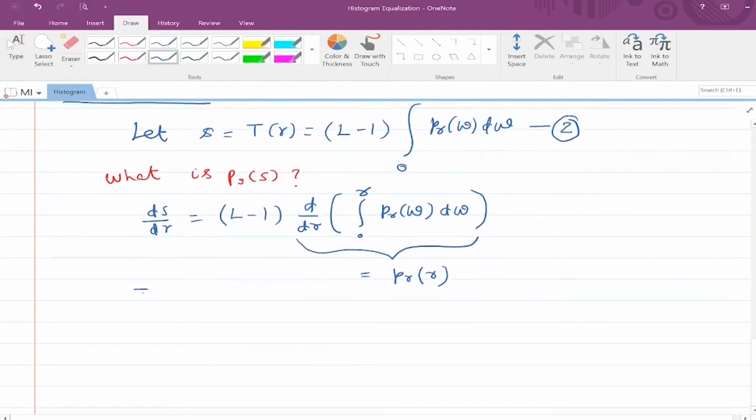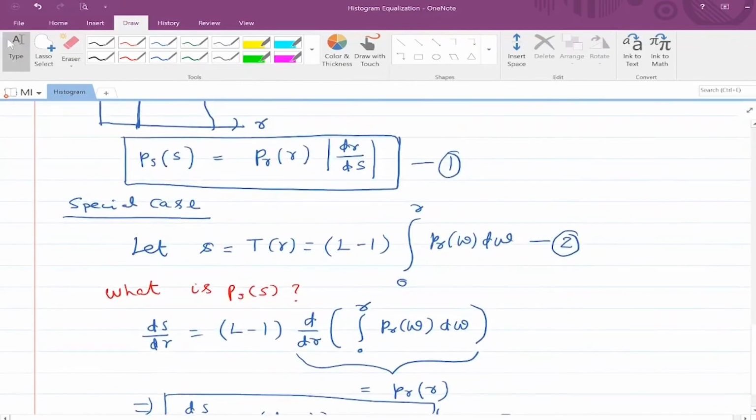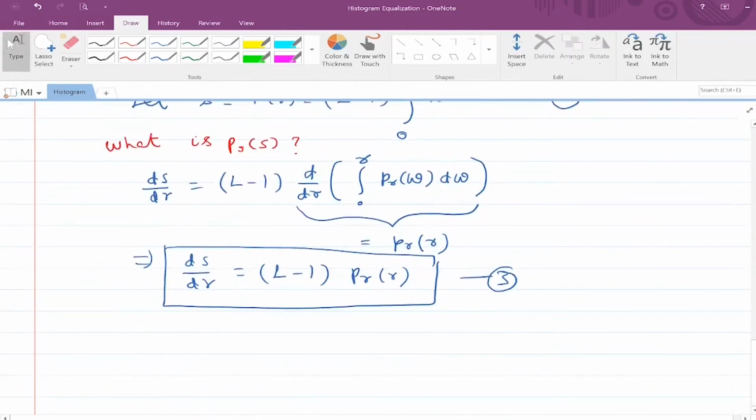So what do we get here? ds by dr is equal to L minus 1 into the probability density function computed at r. Equation number 3. Now we want PS of s, so you have the absolute value of dr by ds. You know ds by dr, so take the inverse of it and substitute there.